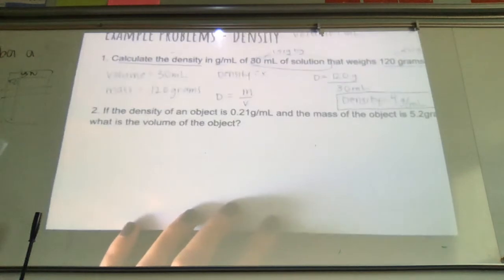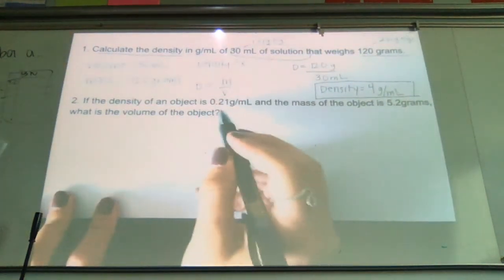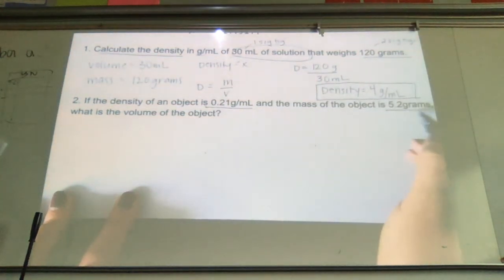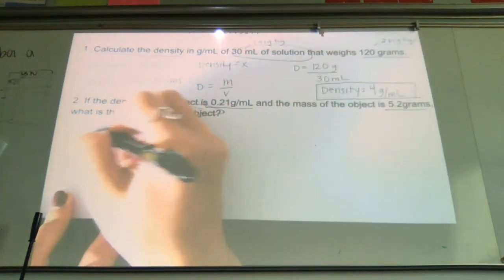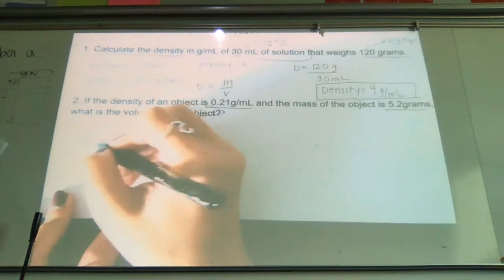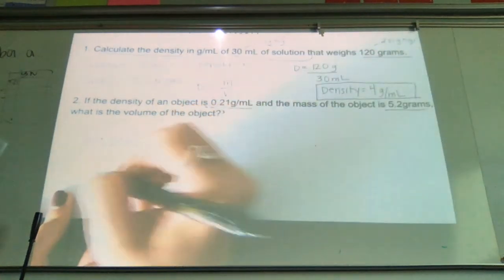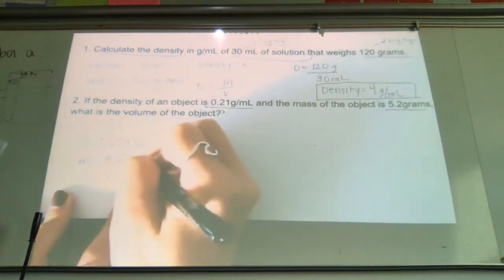Let's try the second problem. If the density of an object is 0.21 grams per milliliter and the mass is 5.2 grams, what is the volume? So we're looking for volume. We're given our density of 0.21 grams per milliliter, and we're given mass is 5.2 grams.